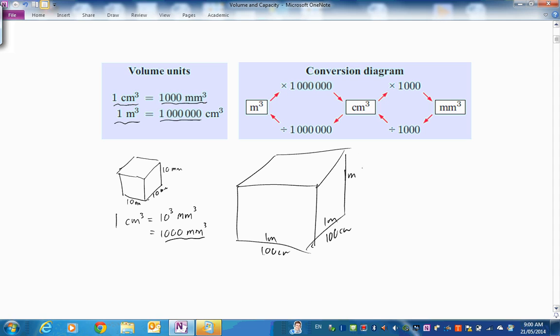This is a metre, making a cubic metre, that's another 100 centimetres. So 1 metre cubed is 100 cubed, 100 by 100 by 100, length by breadth by depth. We're going to look at that in a minute. Centimetre cubes, which is 1,000,000, or 10 to the 6 centimetre cubes.